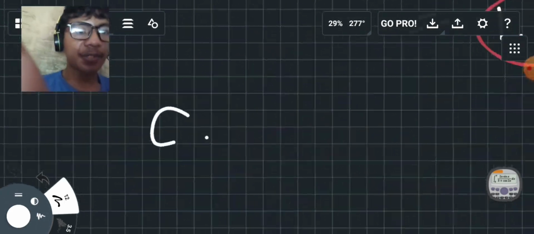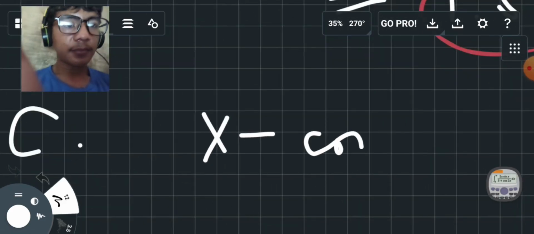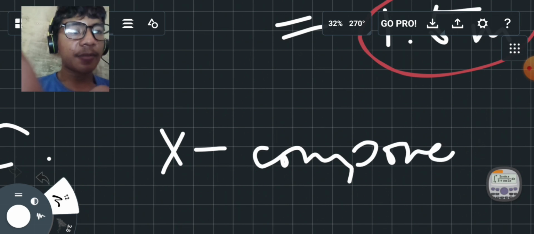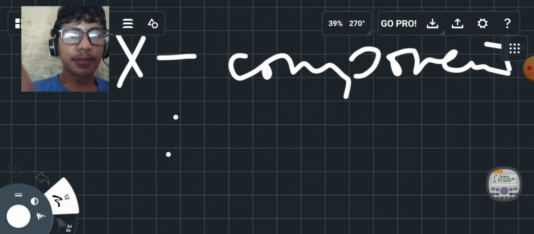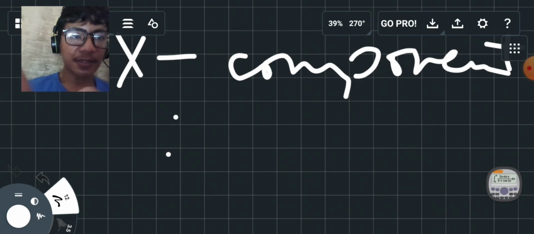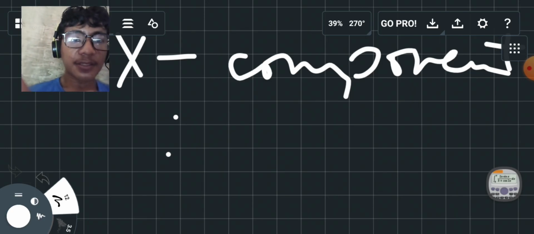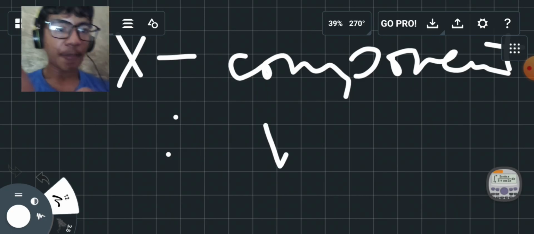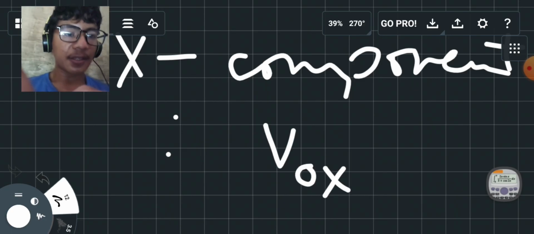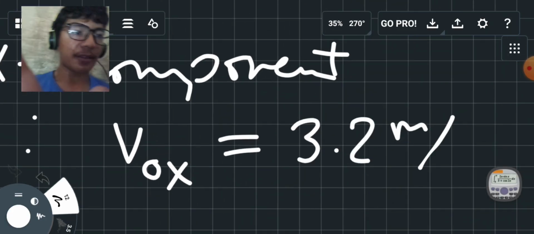We list the x component first. The x component of the velocity is always the x component of the initial velocity, v naught x, which is 3.2 meters per second.